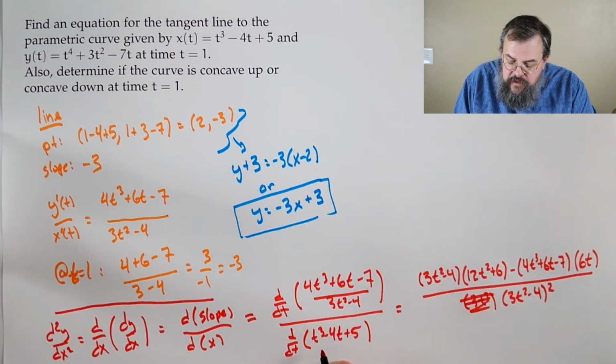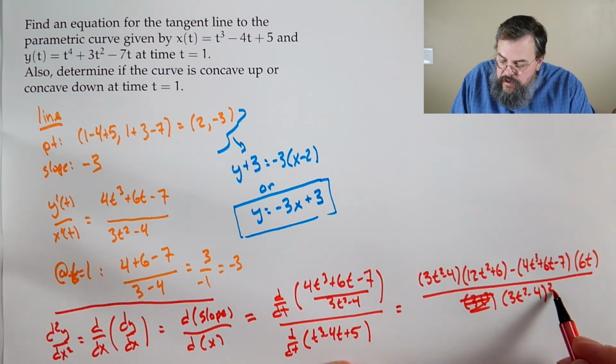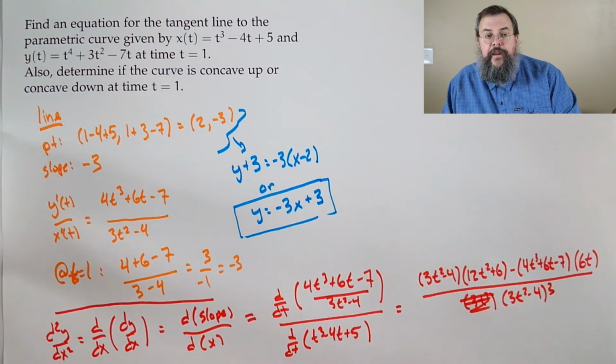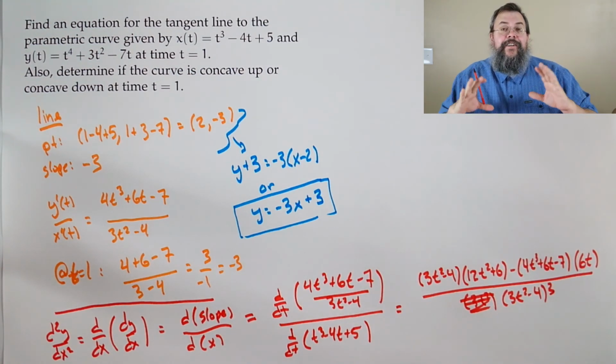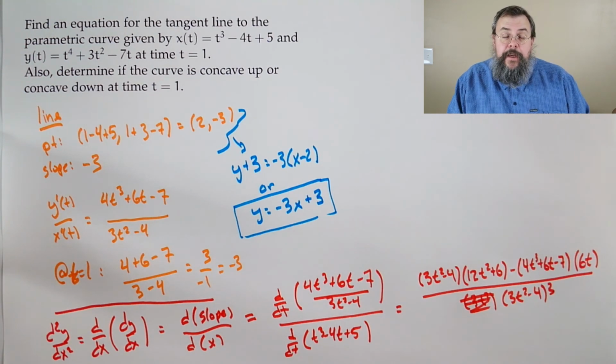And then this other term is again the derivative of t cubed minus 4t plus 5, which is another 3t squared minus 4. So if you just turn that square into a cube, there you go. That's how you compute the second derivative at a given time t.